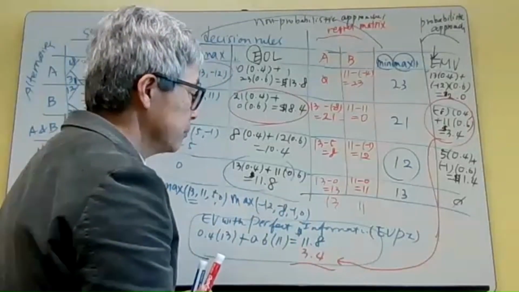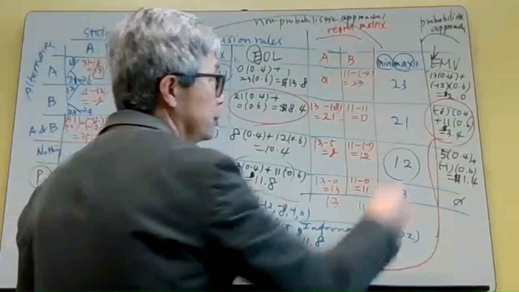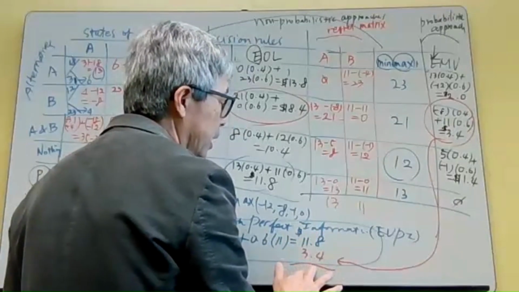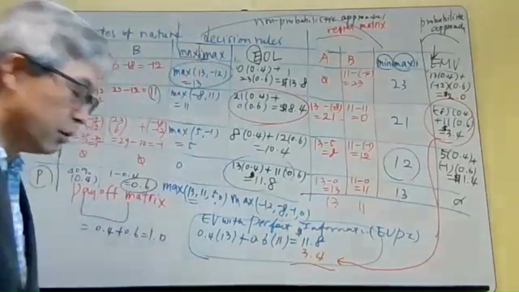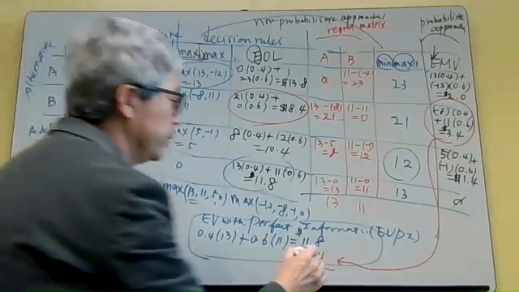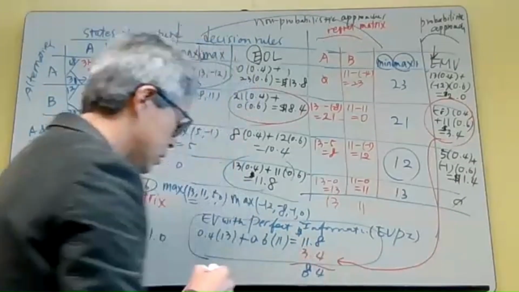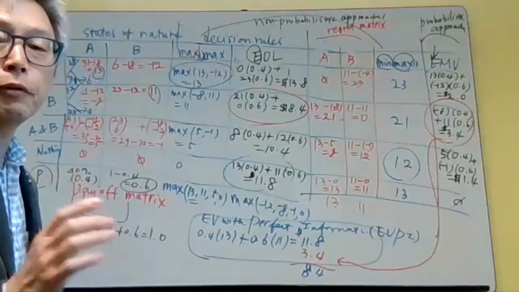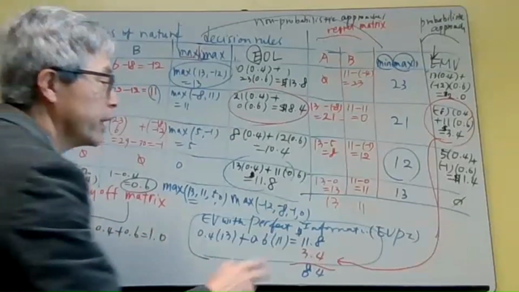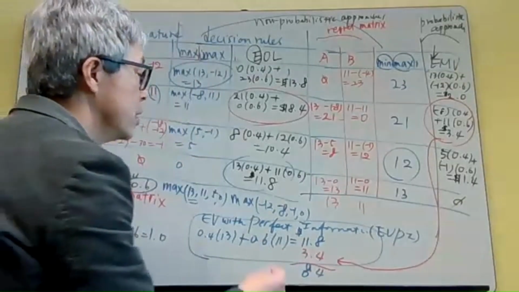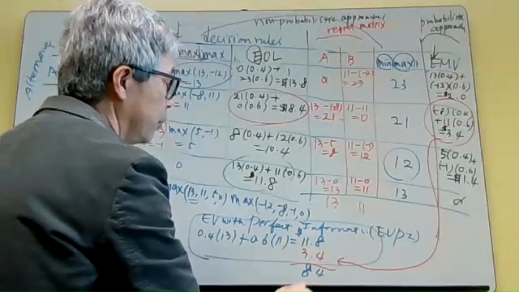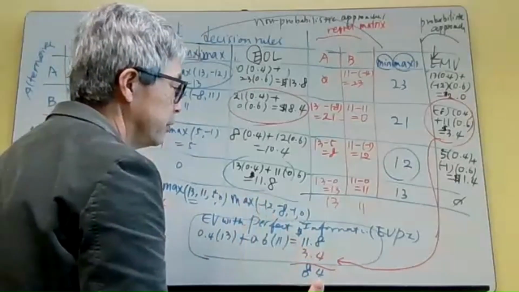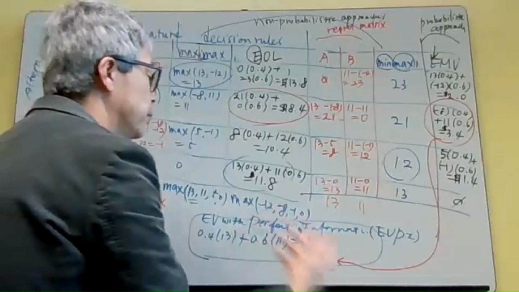The difference between these two numbers is $8.4 million. That's the value of perfect information. So if you hire a consultant, you cannot pay more than $8.4 million. To get the perfect information, you need to hire a consultant, collect more data, maybe a survey, something else. So everything should be under $8.4 million.